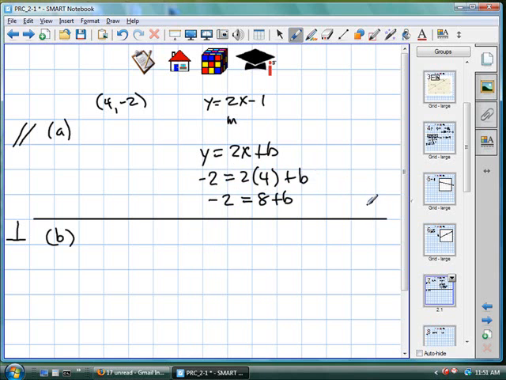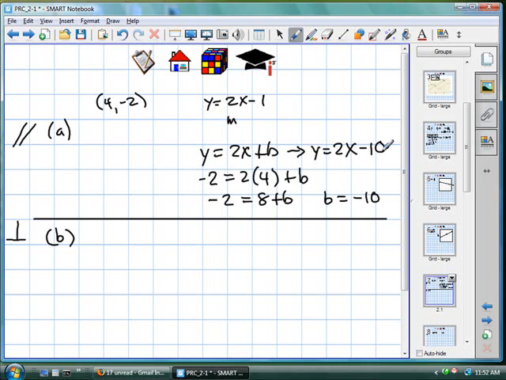And when you subtract 8 from both sides, what do you get for b? Yep, -10. So now all I got to do is come back here, rewrite it with a -10 in place of b. You can either say plus a -10 or -10. I'm fine with both. There it is, the equation of our line that's parallel and goes through the point (4, -2).